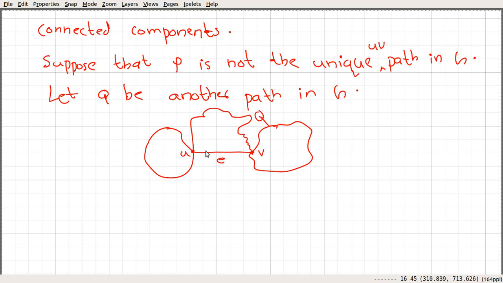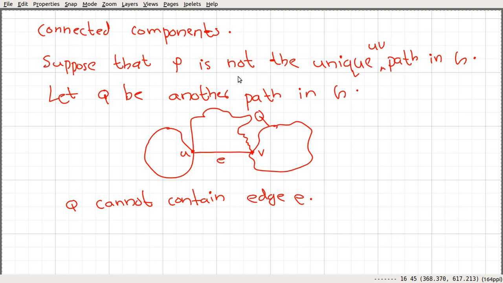Here we can see that this path Q cannot contain the edge E. Anyway, this Q is also a UV path.